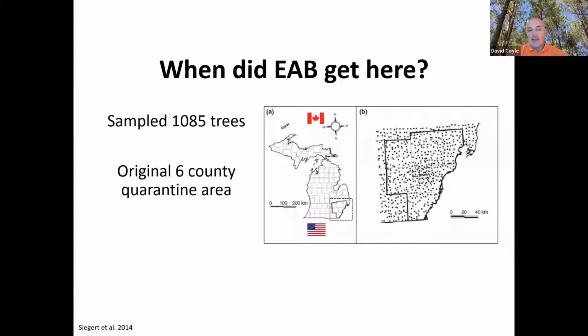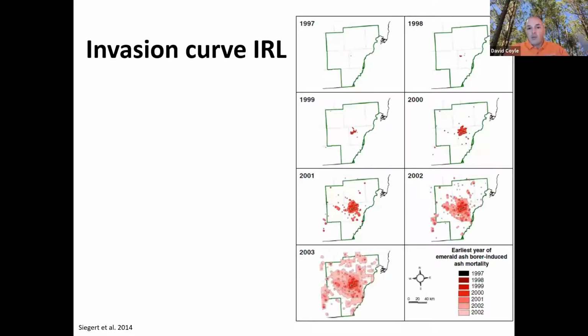So someone went back, Nate Siegert and his colleagues, and they sampled almost 1,100 trees in the area. By taking tree rings, you can do dendrochronology. You can sort of recreate what happened and when they died. So he sampled a whole bunch of these in that initial area, and it provided a really good example of that invasion curve as it occurred, right?